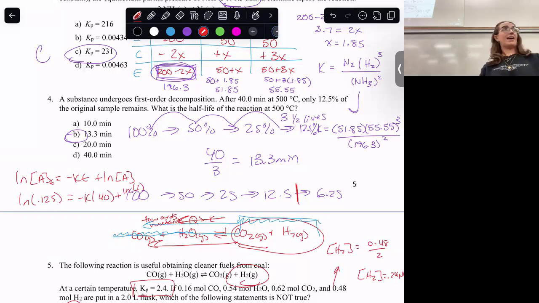And I would solve for k and then use k in my t1/2 formula of t1/2 equal to ln 2 over k. So you can check it that way. Does that help for 4?